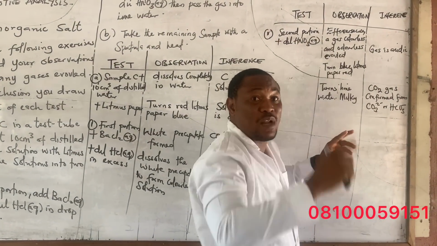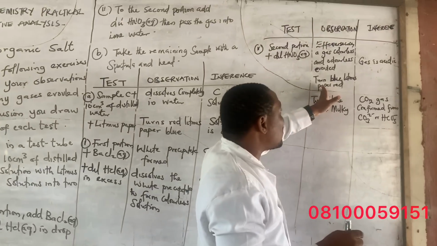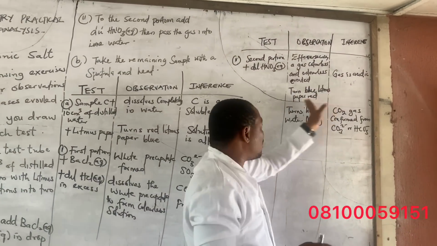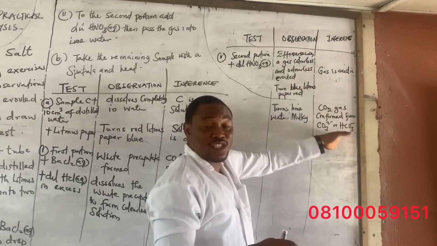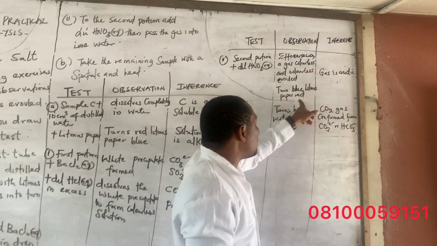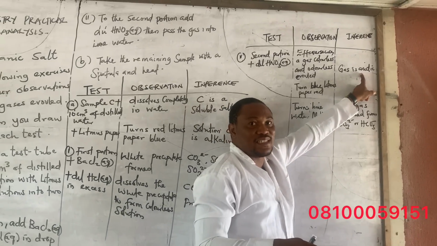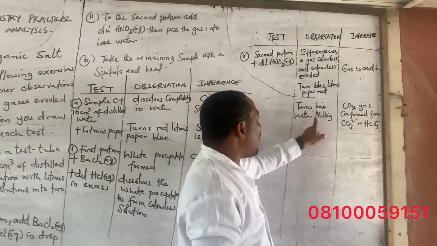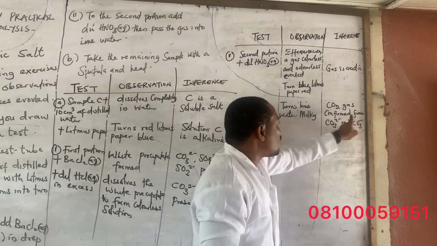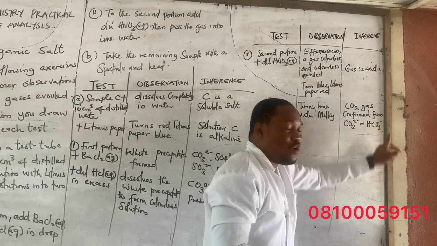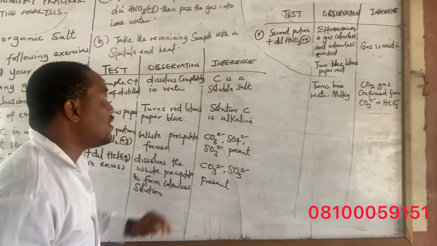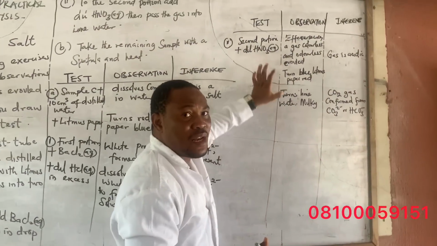But it should turn blue litmus paper red, because CO2 gas is acidic. From here, it turns lime water milky, so CO2 gas is confirmed from CO3 2- or HCO3 -.